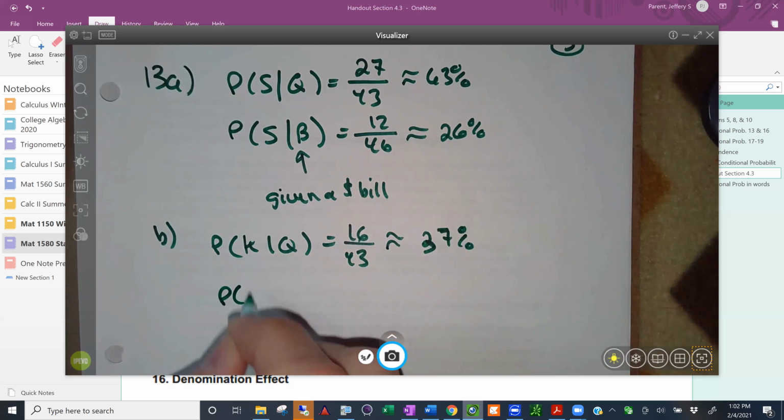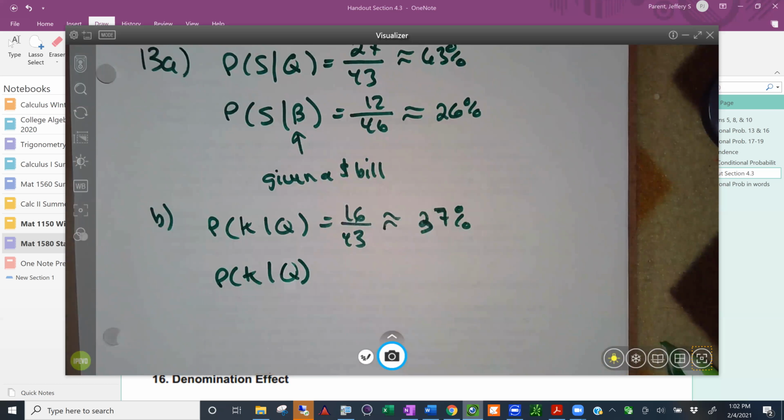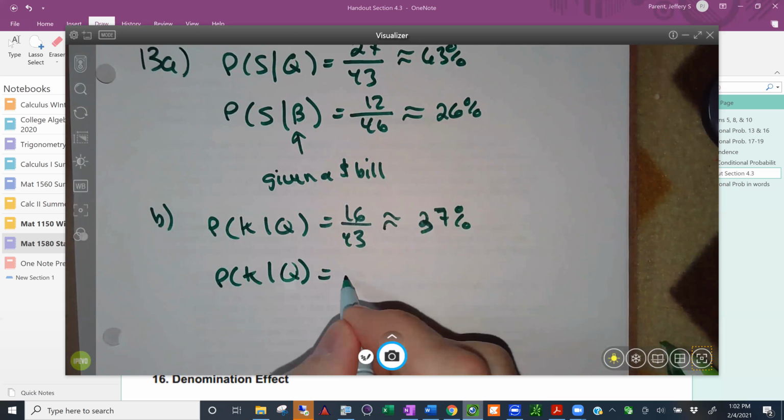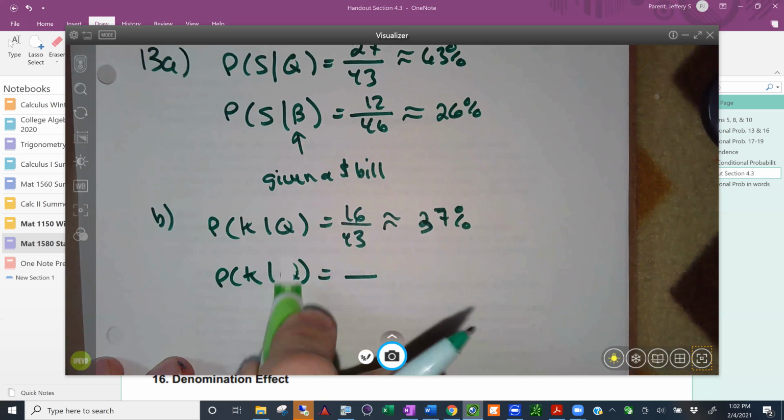Someone describe what this would be. Let's see. No, not B. How about Q? There we go. What is this saying? What probability am I going to try to calculate next? You know what? That's the same thing. Yeah, I did have it right the first time. My bad.